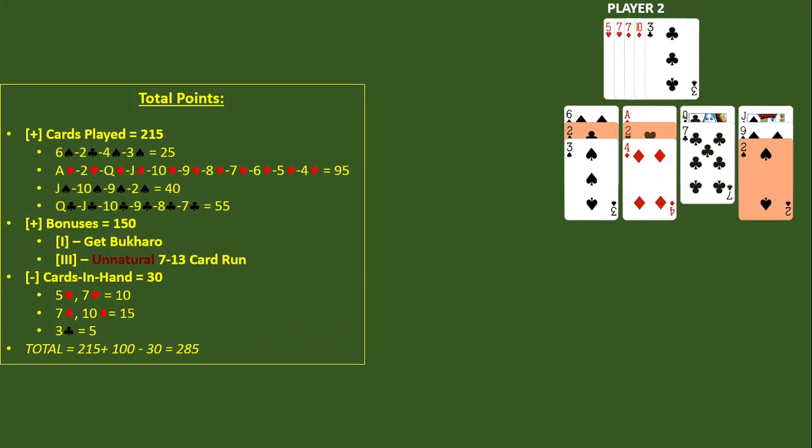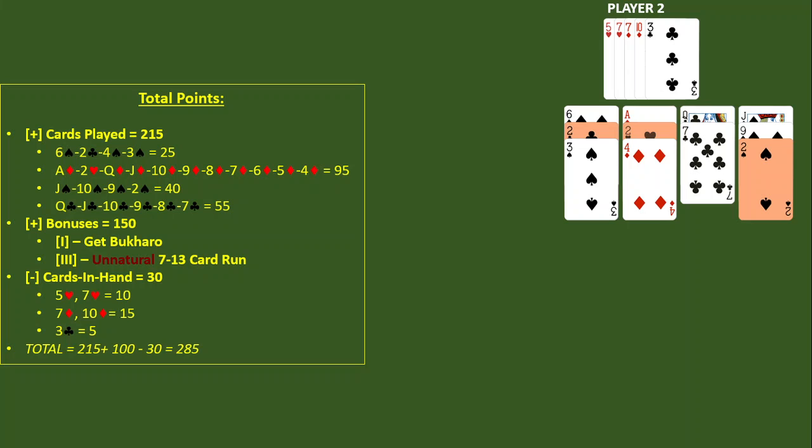Moving on to player 2, who did a little bit better. Player 2 not only collected Bukharo, but they were able to create four runs, and one of those runs created an unnatural run bonus. Looking at the total cards they've played, where we just add up those points, player 2 collected 215 points.